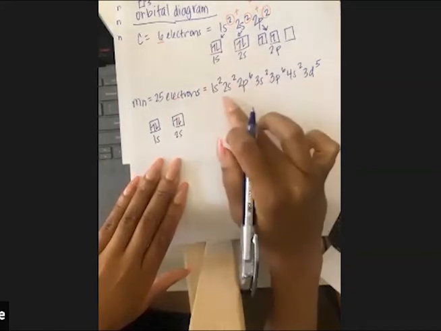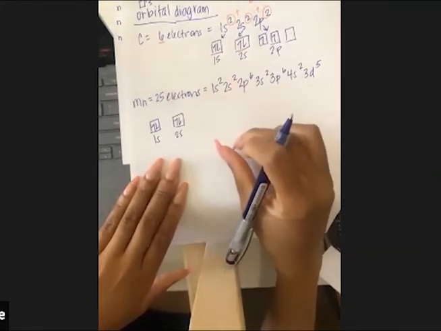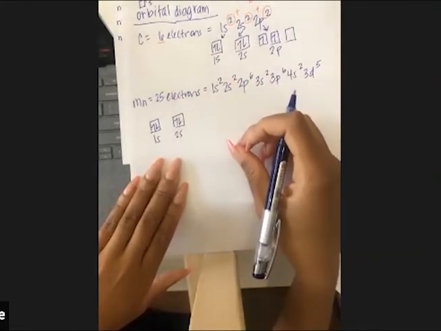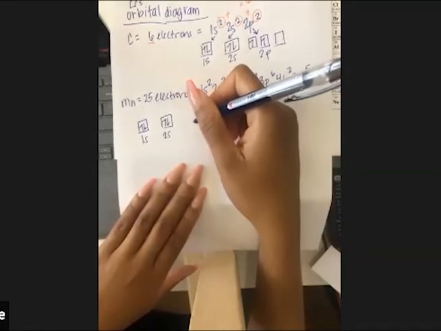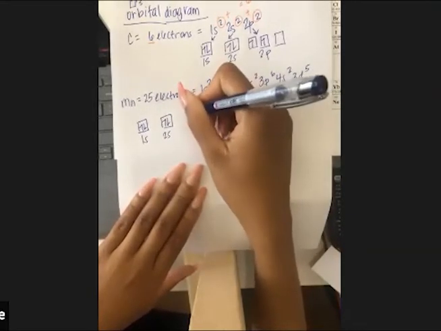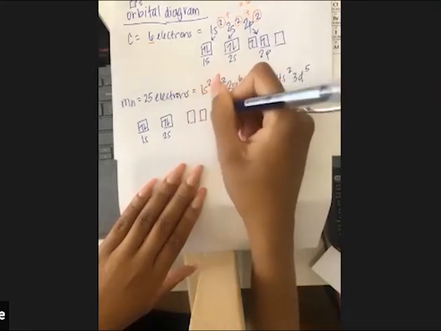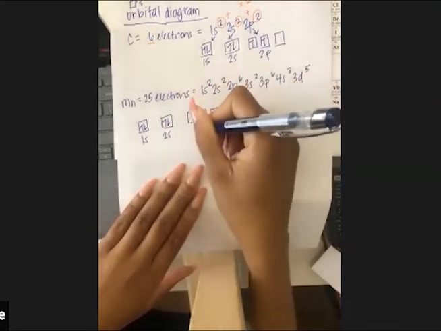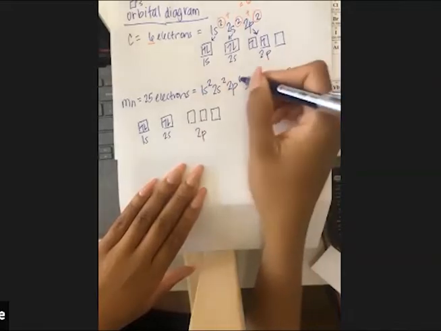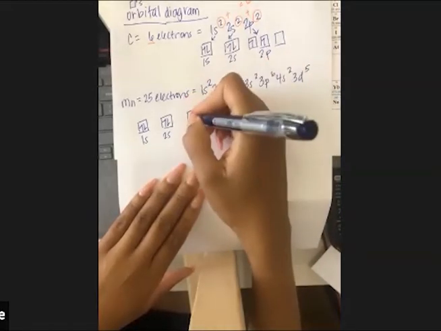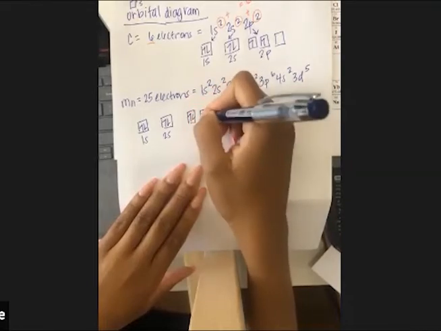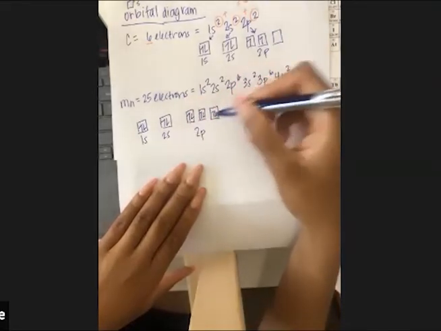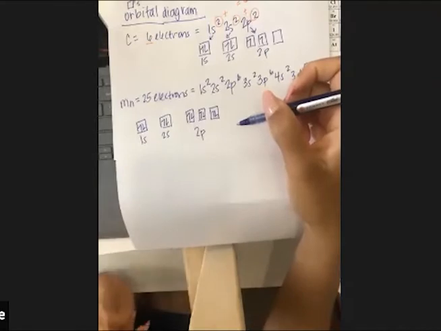It's also saying that it has 2 electrons. When I get to the 2p, what do you guys think I need to do? I need 3 boxes. In this case, it's full, so I can just say 1, 2, 3, 4, 5, 6. Or you can just draw 2 in at a time if it's completely full.